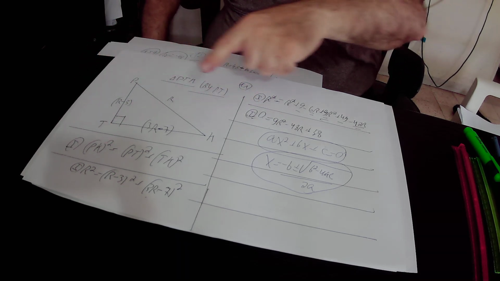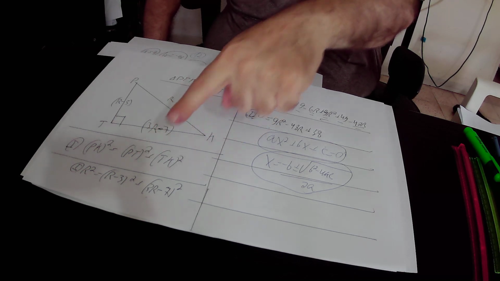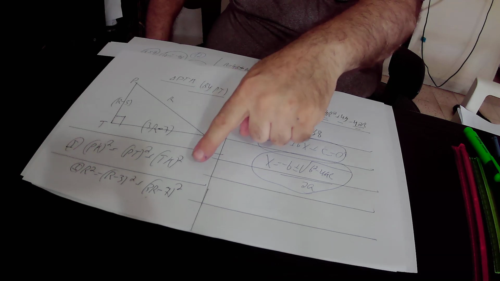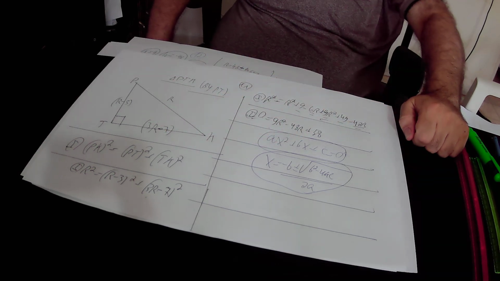PT equals R minus 3, therefore PT squared is R minus 3 squared. TK equals 3R minus 7, therefore TK squared is 3R minus 7 squared.